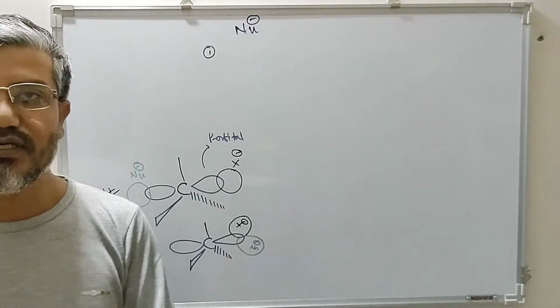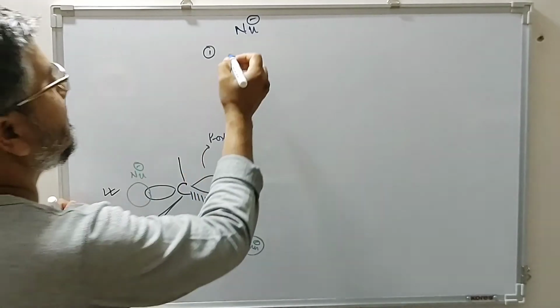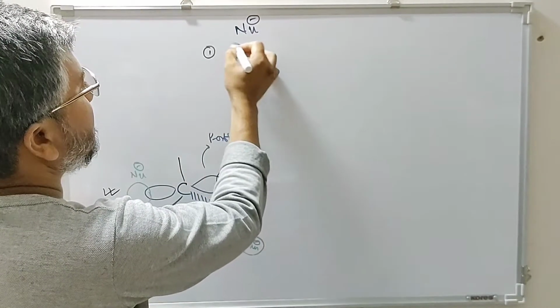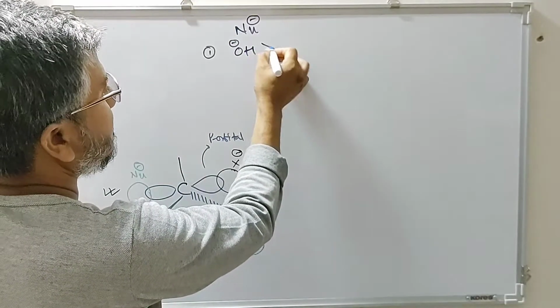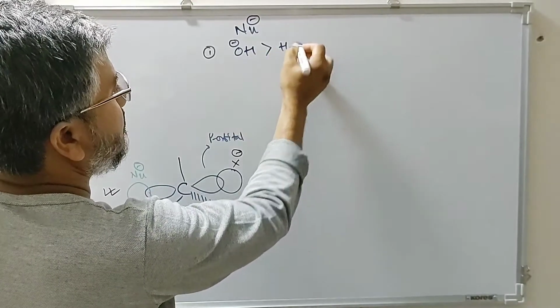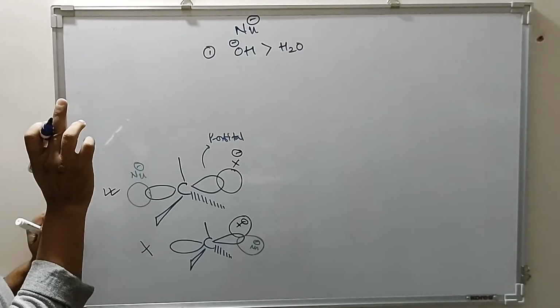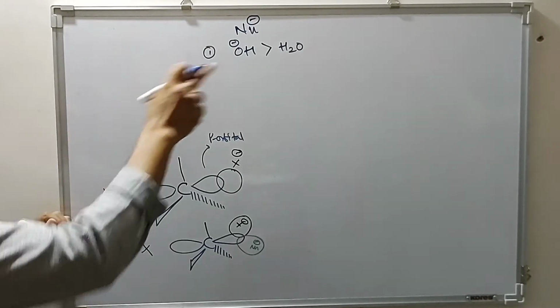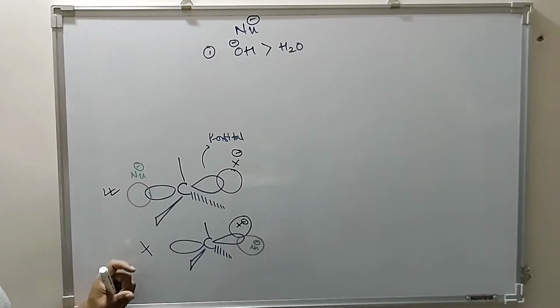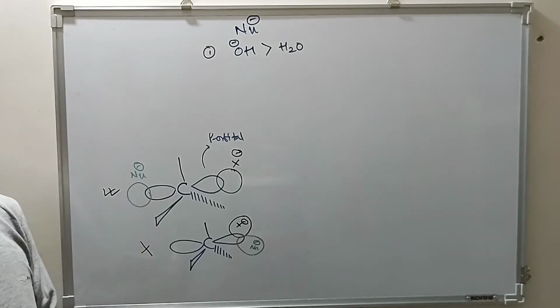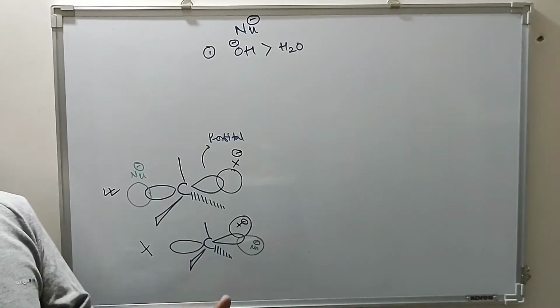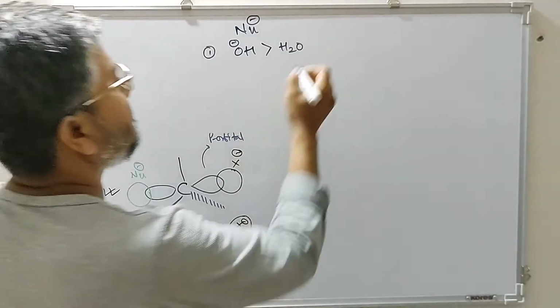Look at this: OH minus is always stronger than H2O. In both cases we have the same nucleophilic atom, that is oxygen. So a negatively charged nucleophile is always stronger than its corresponding conjugate acid.